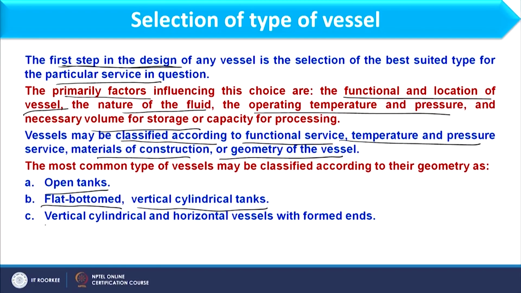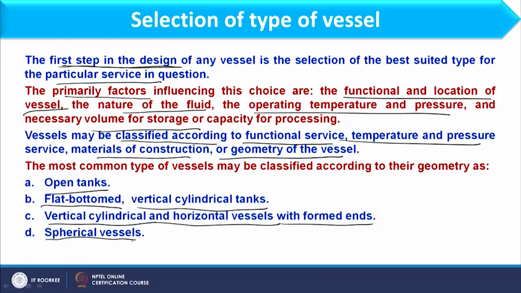And the third classification in that category is the vertical cylindrical and horizontal vessels with formed head. So, here again I am considering a cylindrical vessel with formed head. Formed head means which is not flat. Okay. If it is hemispherical type or ellipsoidal type, all those shapes will come under formed heads. We will have a detailed discussion on that in a particular lecture.